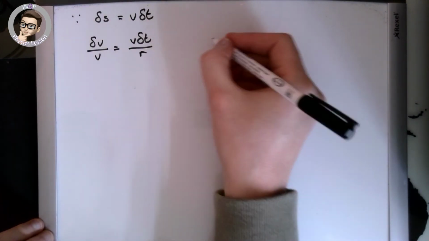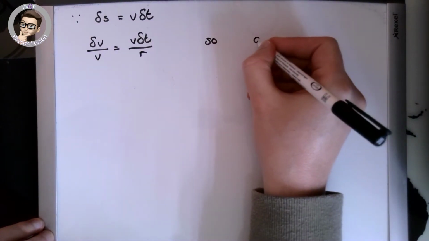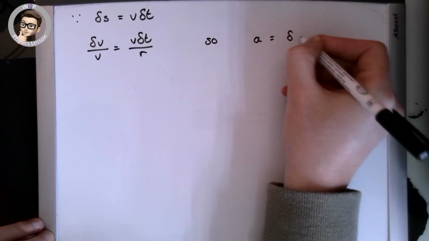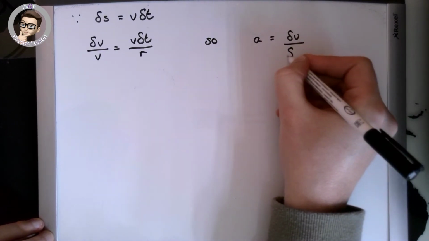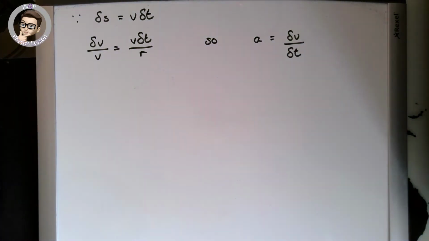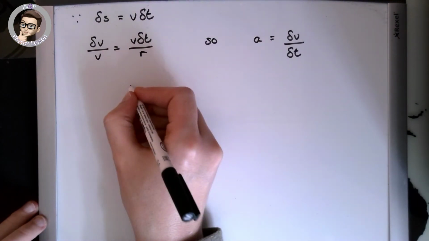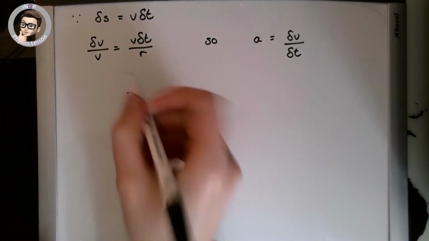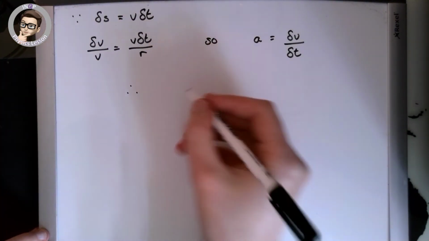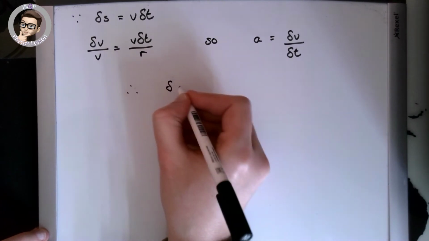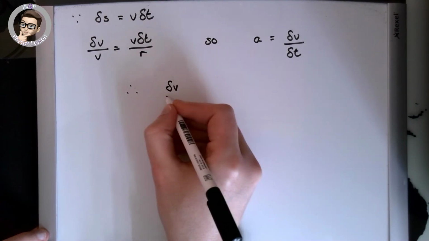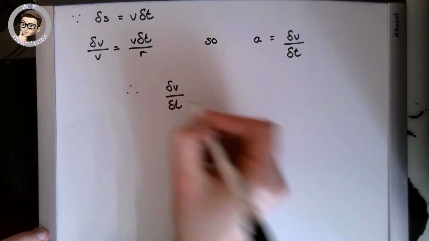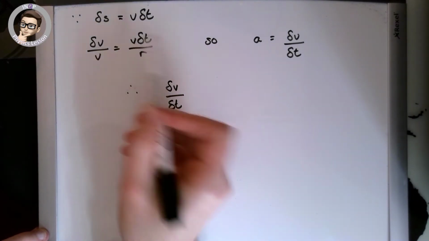Because we know that acceleration is dv by dt, so the change in velocity divided by the change in time, let's rearrange this so we end up with dv over dt. I'm bringing that one under, so that means that's got to go up.